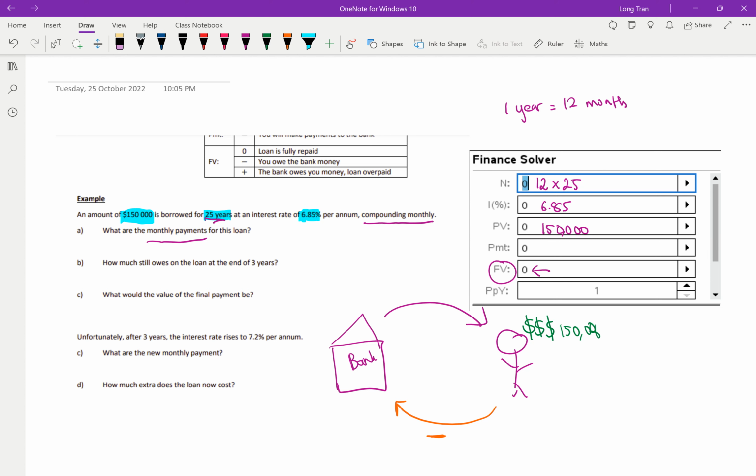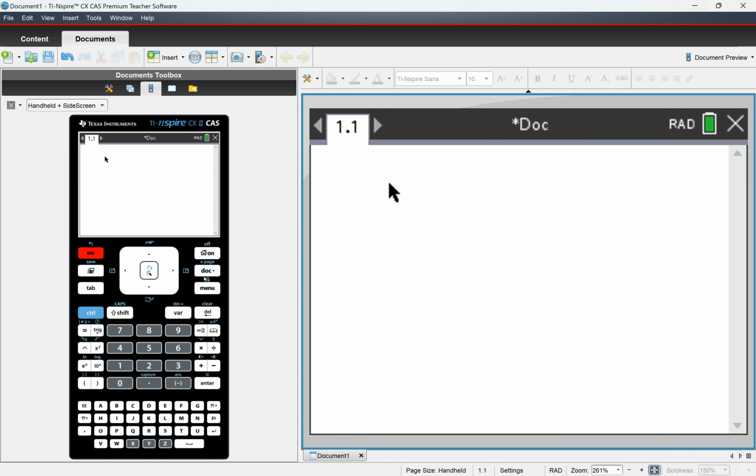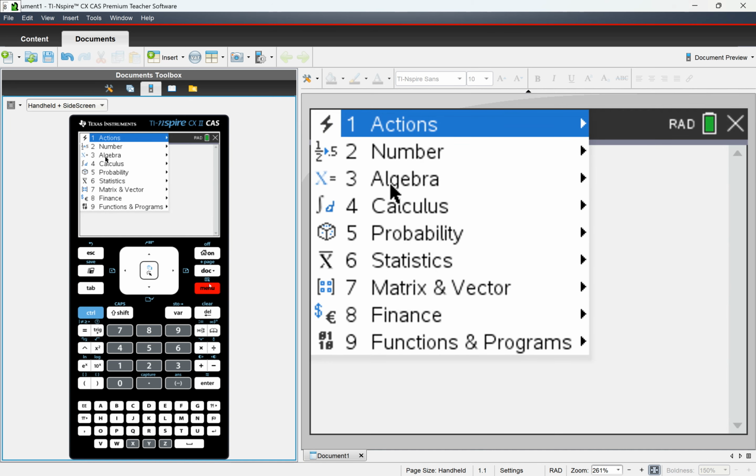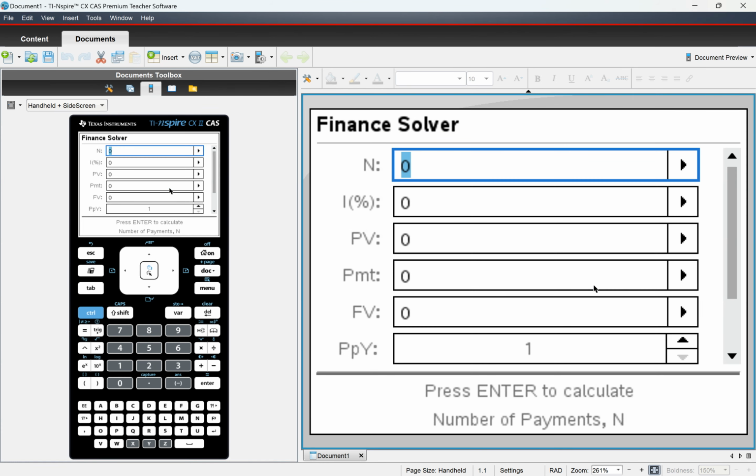So if I go to my CAS, I go 12 times 25. Oh, I don't know what happened. Why is my... Okay, 25. Oh, that's weird. I can't type. Huh, I don't know what happened. Menu 8. I think it's lagging. 8, 1. 20.